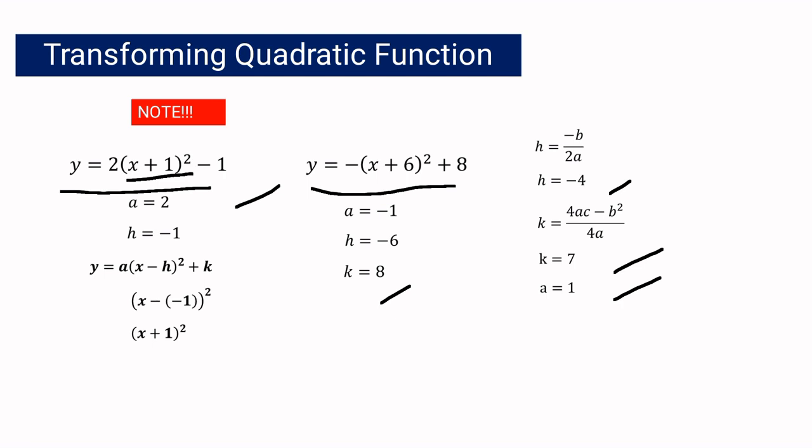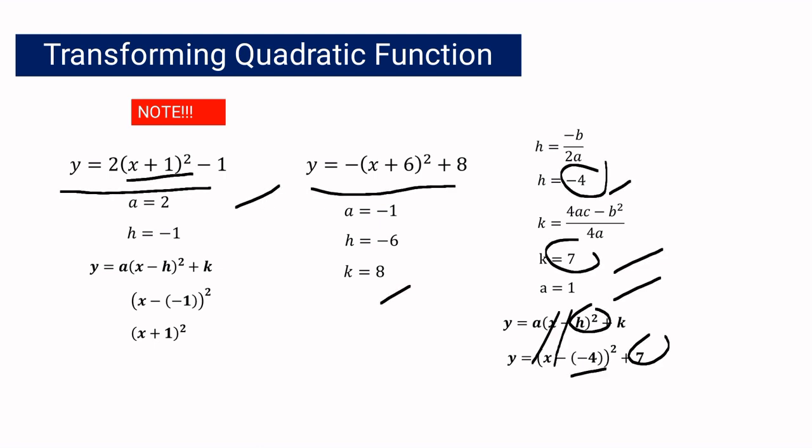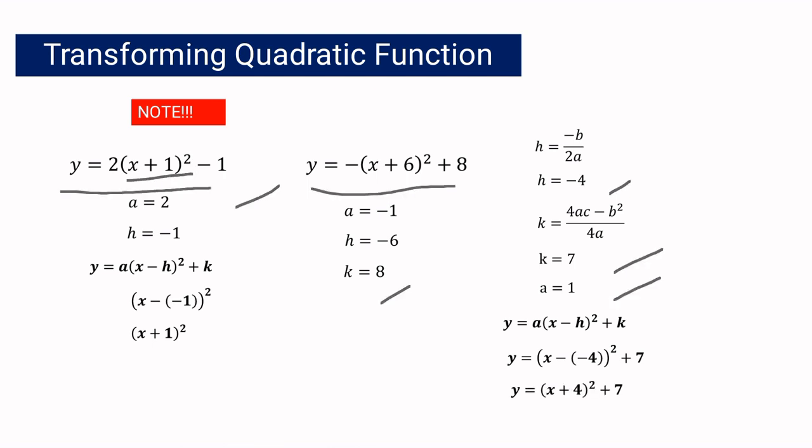If we substitute the value of h and k, it will become a is 1, no need to write 1, and then copy x, copy negative, and then substitute the value of h, which is negative 4. So you have negative 4, and then the value of k is 7. Then if we simplify further, it will become x plus 4 squared plus 7.